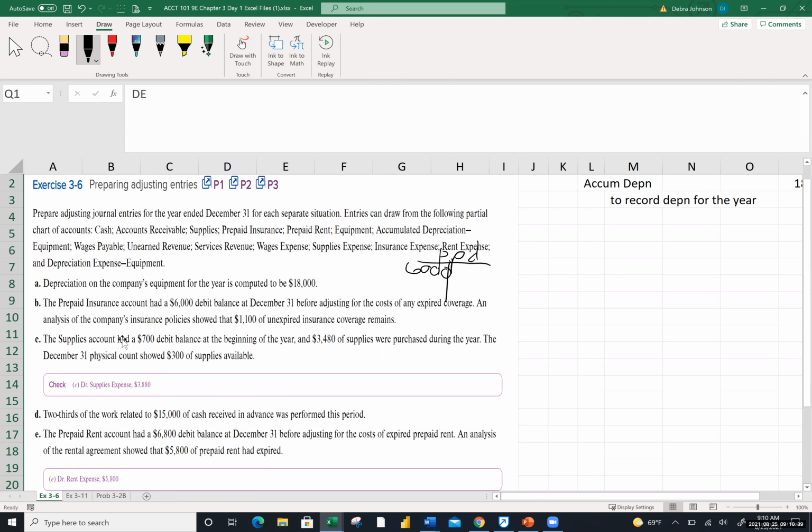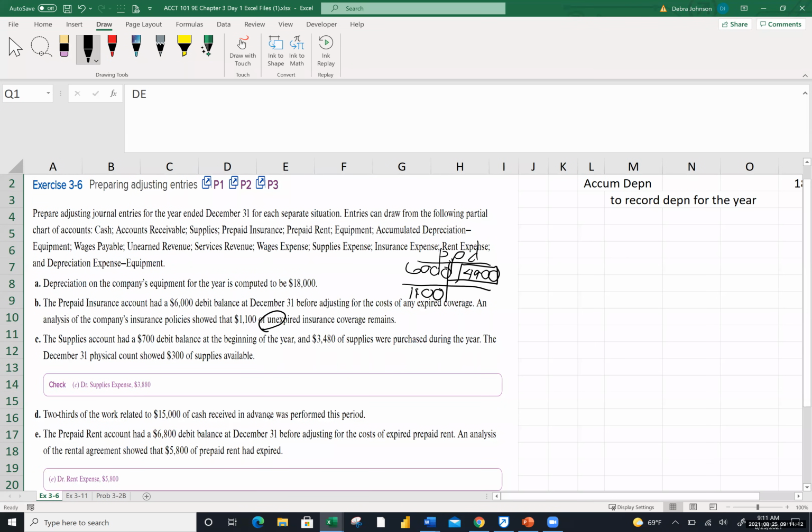It says an analysis of the company's insurance policies showed that 1,100 of unexpired insurance remains. That means there's 1,100 left in this account. And what we have to do on that one is figure out how much has been used up. So when you get your calculators out and you take 6,000 minus 1,100, you're going to get 4,900.